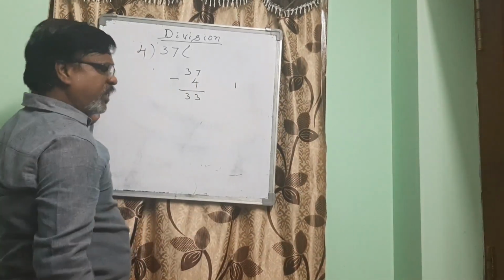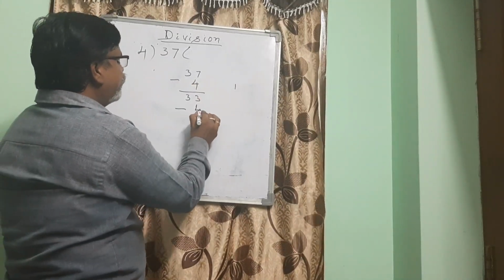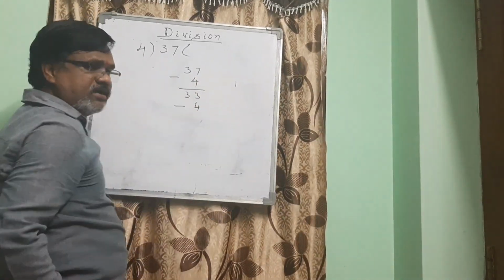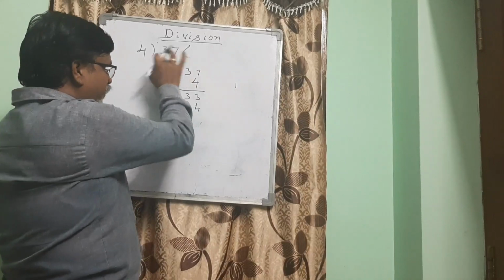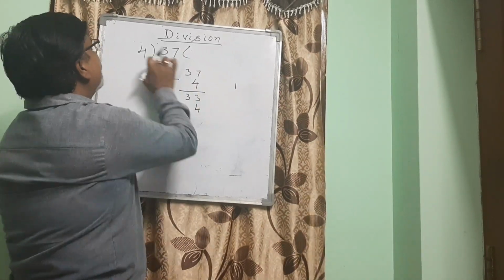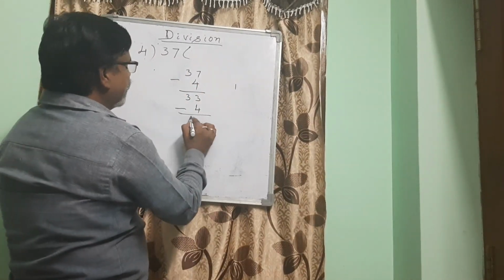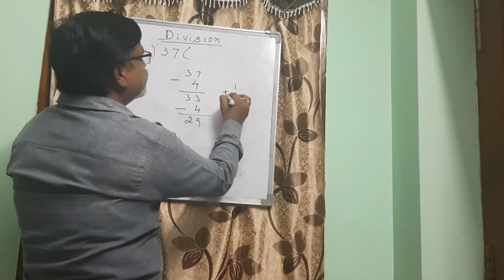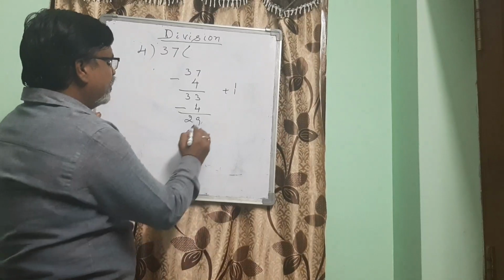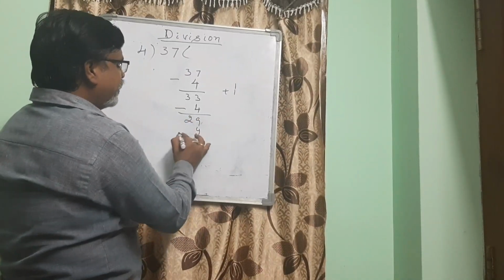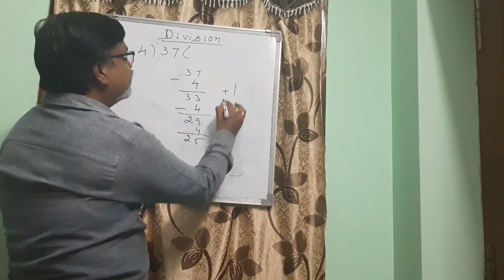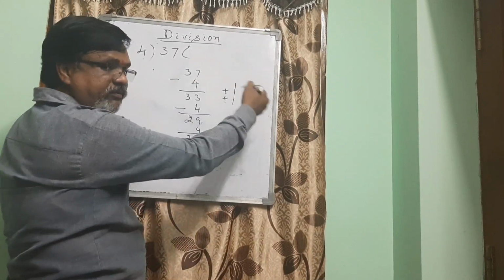So 1. Again 4. Every time a comparison, every time a subtraction. 37 is greater than 4, that's why the comparison is done. 33 greater than 4, comparison is done. So 29, and this counter will be incremented by 1. Again comparison, greater than, so 25, plus 1. The counter will be incremented like that.